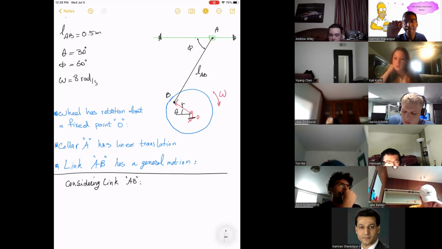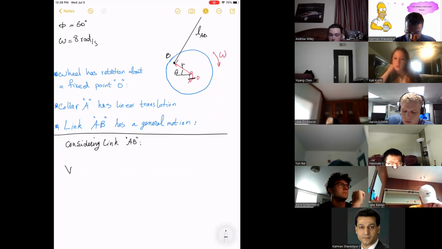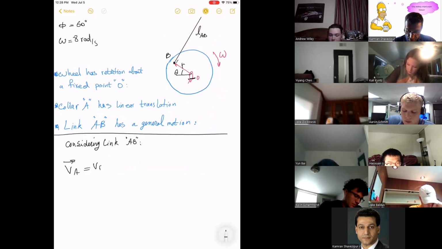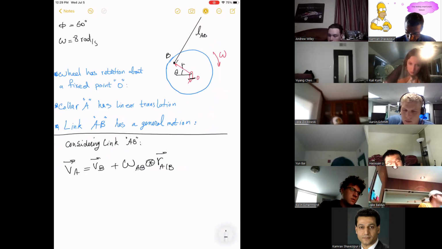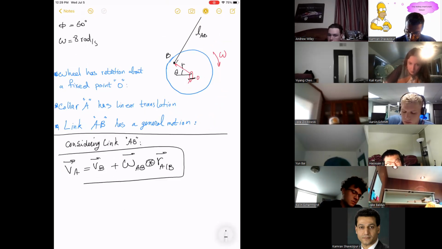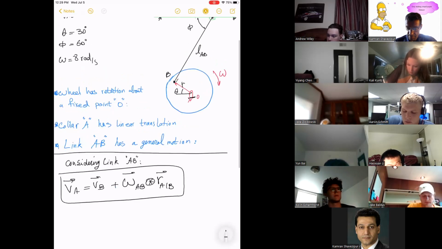So if I pick link AB and the 2 points A and B, I can write VA equals VB plus omega AB cross R A with respect to B.